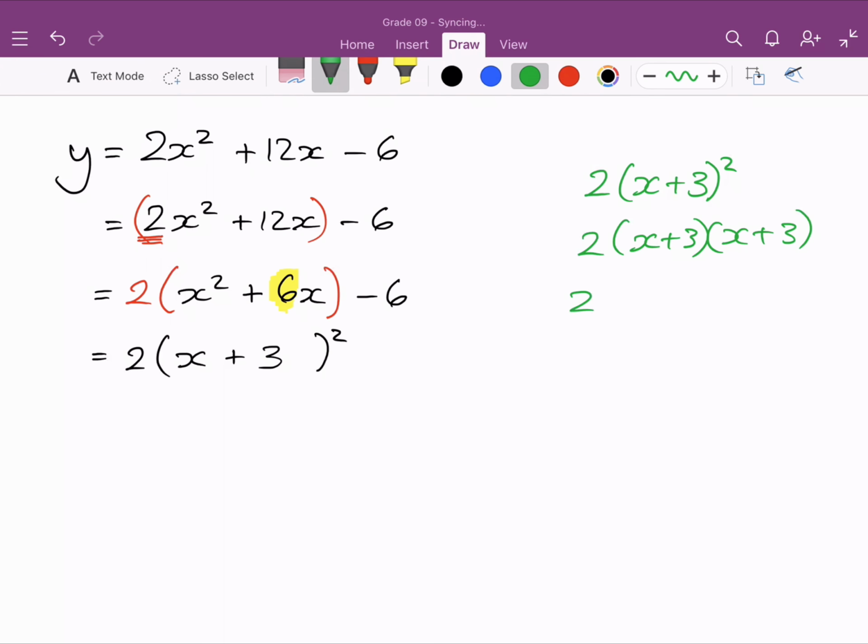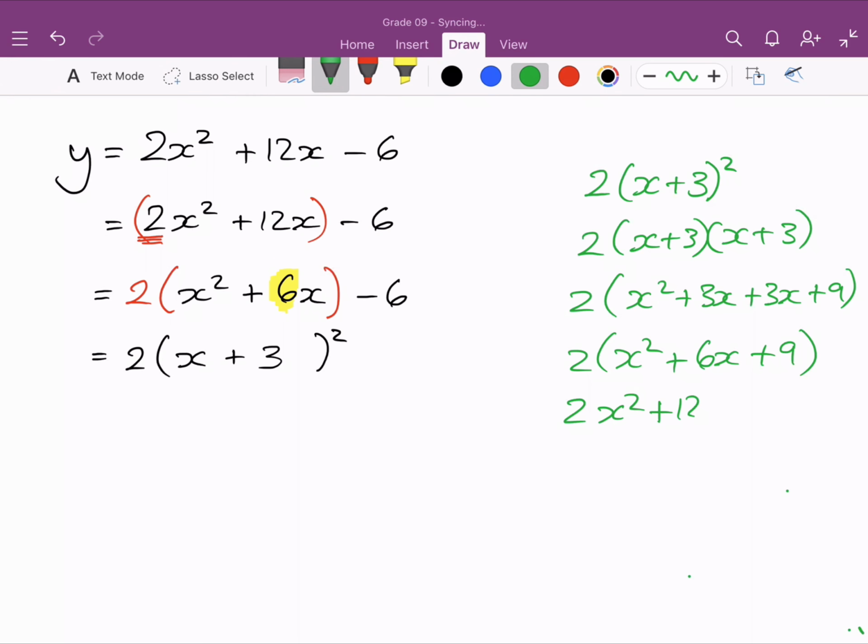Okay, so this should give me 2 parentheses x squared plus 3x, 3x plus 9. This gives me 2x squared plus 6x plus 9. And then what I like to do is just multiply this back out again, and we get 2x squared plus 12x plus 18.